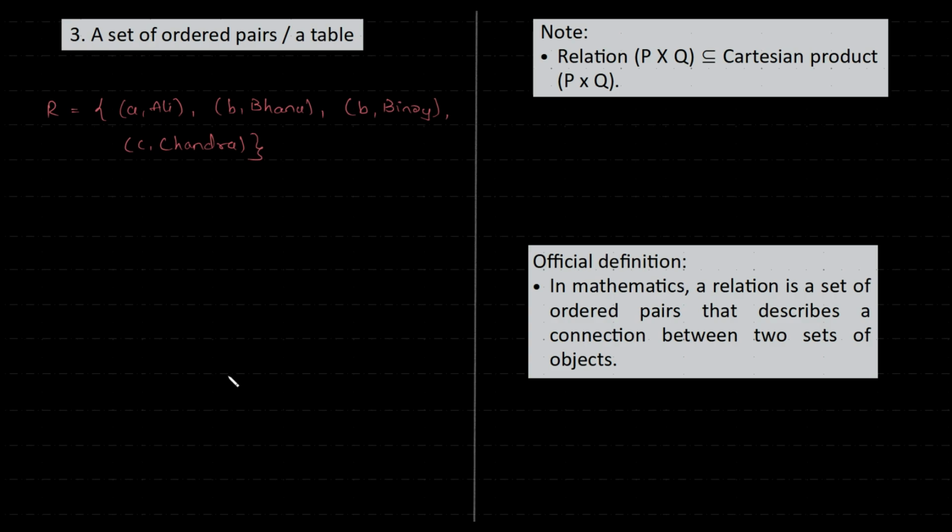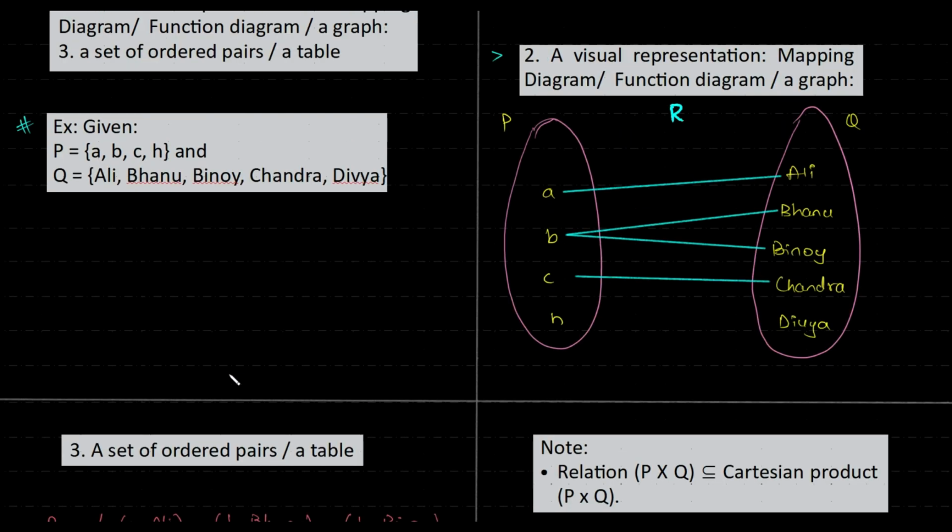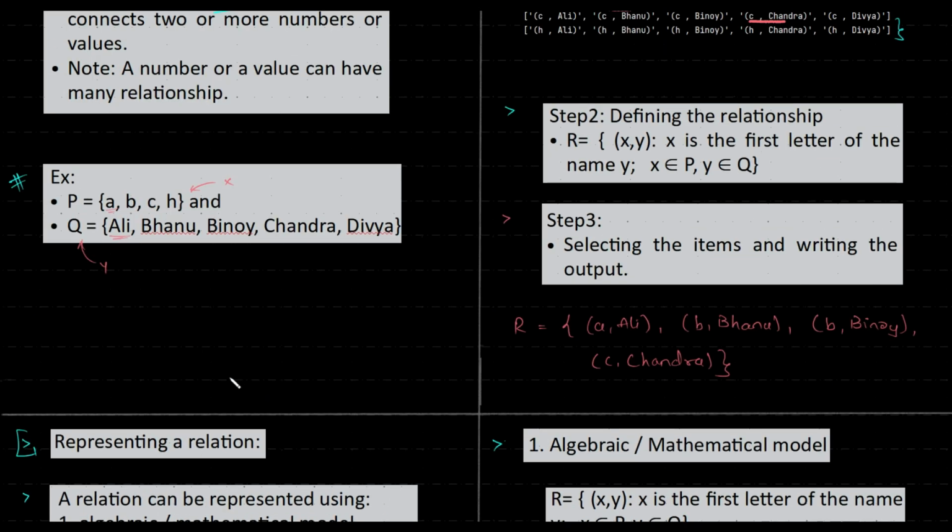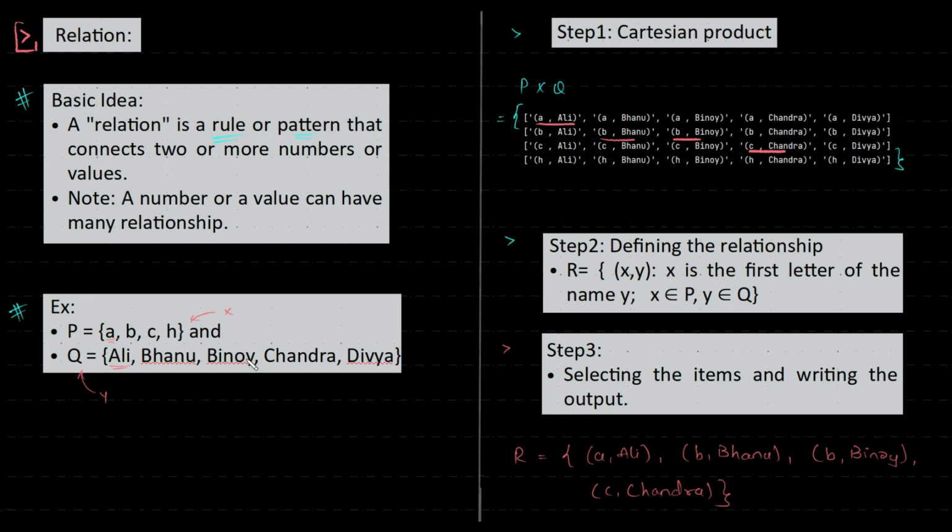We understood that we could relate elements of one set with the other set, and that establishing a relationship between each of the elements from one set to another set is known as the Cartesian product. Under the Cartesian product, we can select a few items based on a rule, and that would be nothing but your relation, right? So you establish a relation, a condition, a rule, and you select ordered pairs which satisfy a particular pattern.